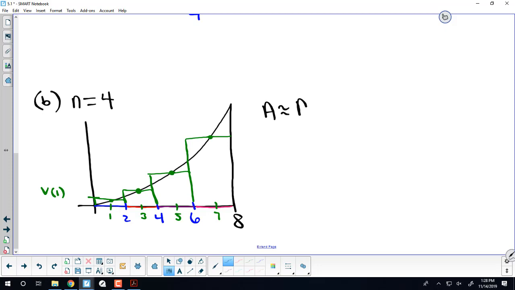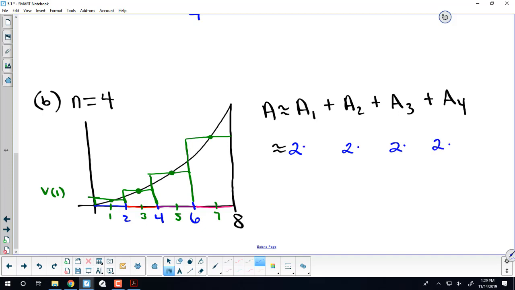So again, we'll just write it here. Area is approximately the area of the first rectangle plus the second, plus the third, plus the fourth. So we're using 4 subintervals, which gives us 4 rectangles, so it's 4 individual areas to look at. The lengths are 2 for all of them. The heights of each rectangle is what changes.